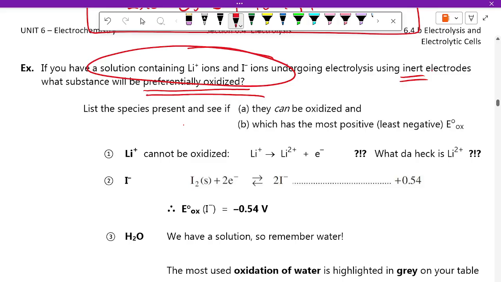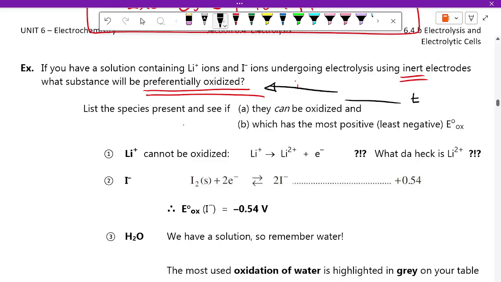Whoever's going to be preferentially oxidized will have what type of E° ox? Highest oxidation potential or lowest oxidation potential? Highest.